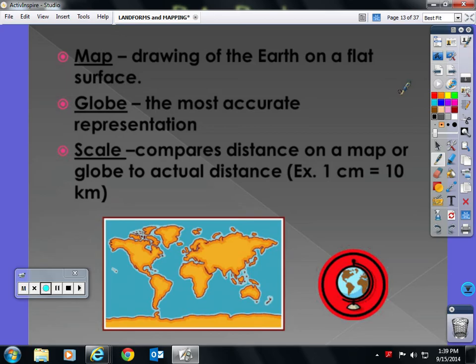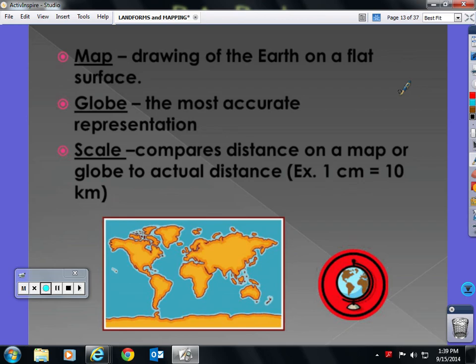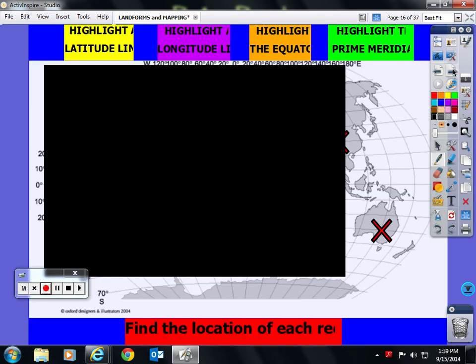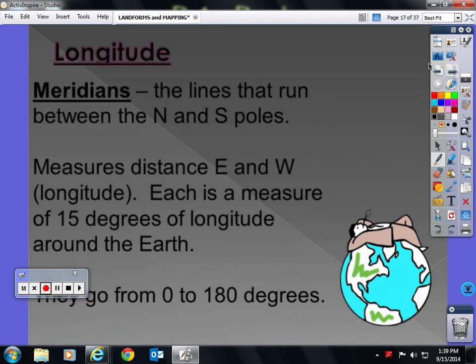When you look at any map or globe, it's important to first check the scale so that if it's asking you how much distance is between two areas on the map, you know what your inches or your centimeters equate to. We're going to practice that in class.